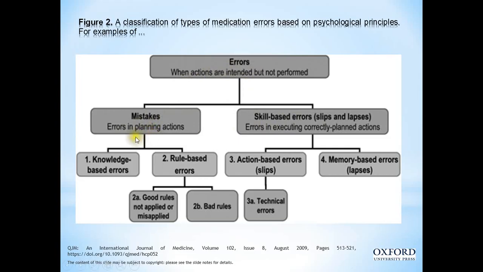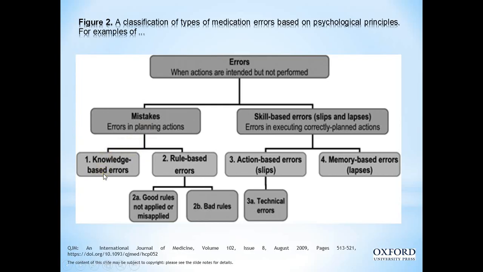And what are the mistakes? The mistakes are errors in planning actions. When you plan the actions, there is some mistake due to some low level of knowledge or some low level of expertise. You may make a mistake in planning the actions. So what are the mistakes? Mistakes are also of two types.